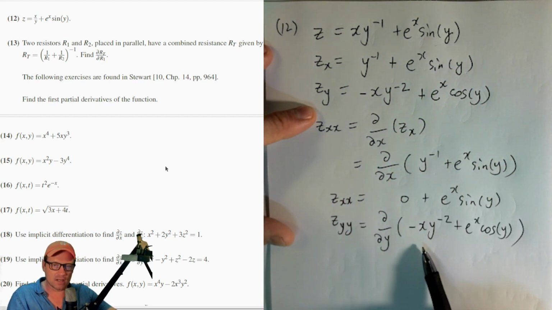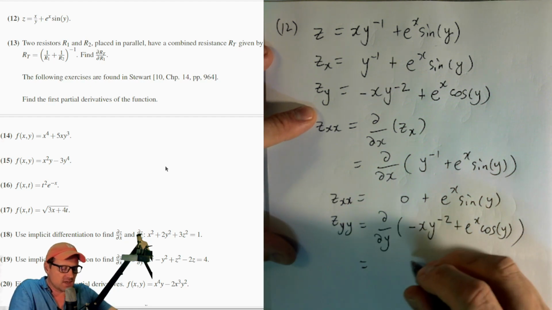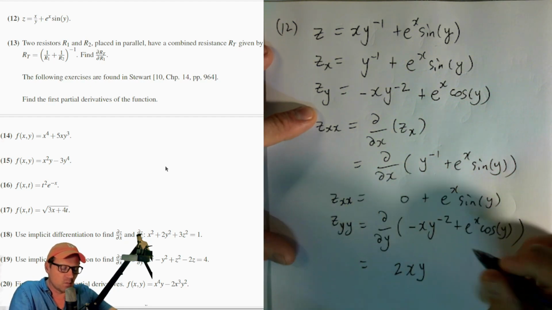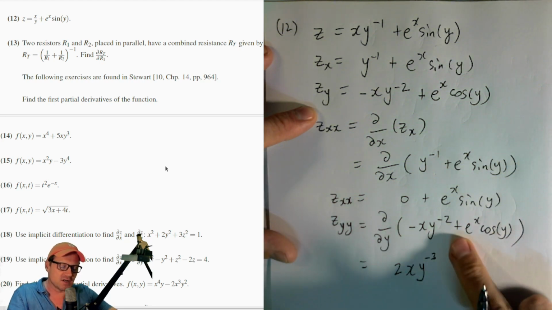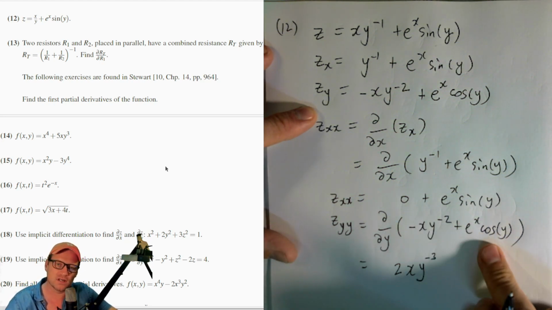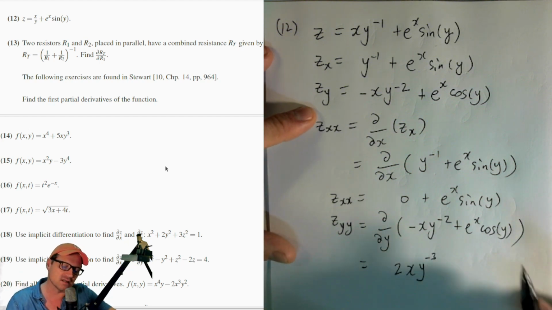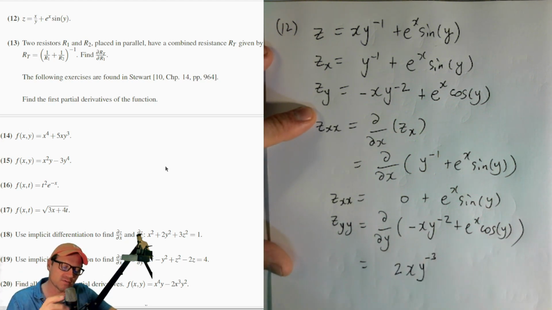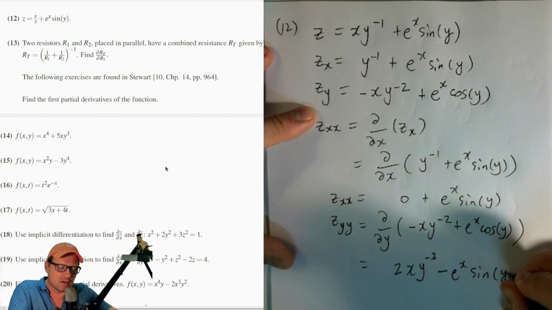Differentiating minus x y to the minus 2, the minus 2 comes down, so we have plus 2 x y to the minus 2 minus 1, which is minus 3. Now, differentiating e to the x cos y, we treat e to the x as a constant because x is treated as a constant, and we differentiate cos of y with respect to y and get minus sine of y. So minus e to the x sine of y.